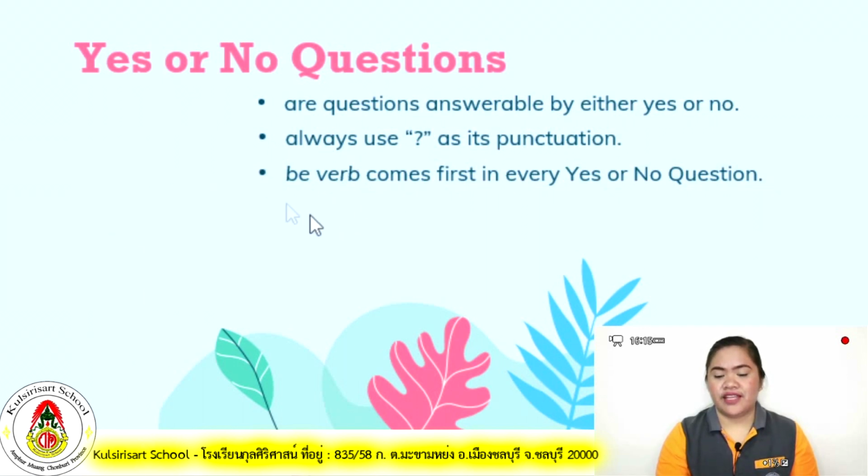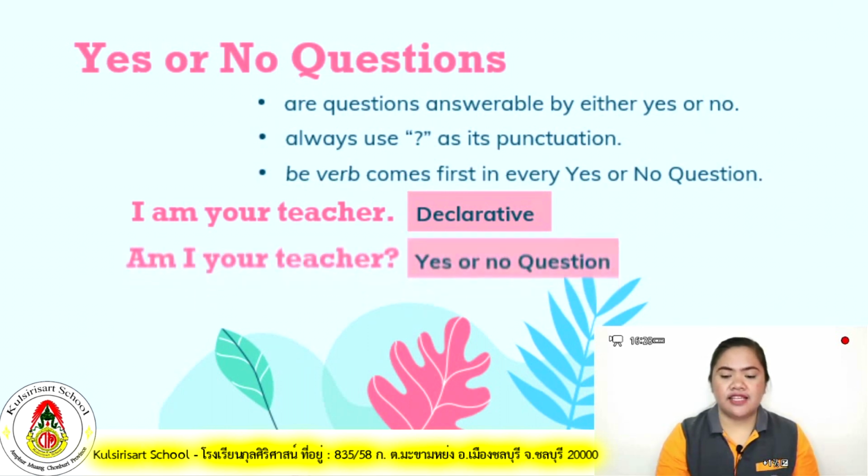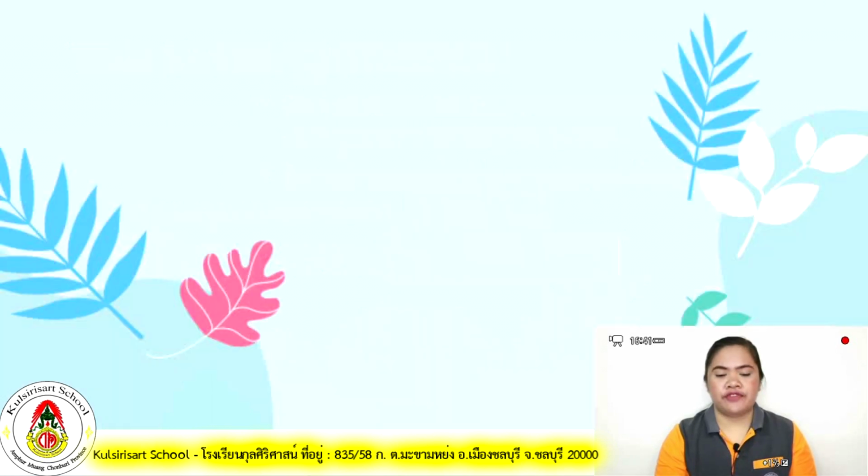And it should start with the be verb first. From this example, I am your teacher, the am is in the second place, but in this example, the am comes first. And look at the punctuation. It's a question mark and it's at the end of the sentence.